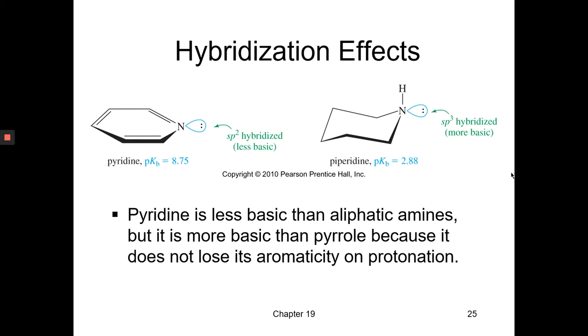Pyridine is less basic than aliphatic amines, but it's more basic than pyrrole because it actually doesn't lose aromaticity when it gets protonated. This lone pair is not part of the aromatic system, unlike pyrrole. So that's a difference of roughly 6 pKb units. Piperidine is about 1,000,000 times more basic than pyridine.